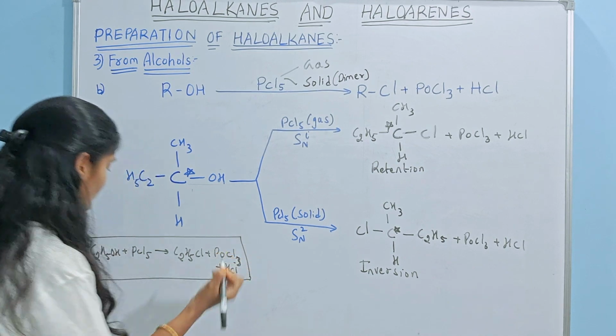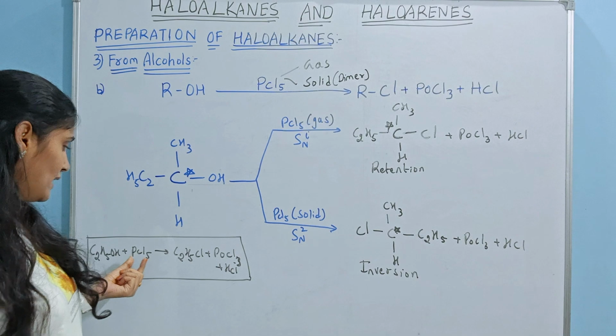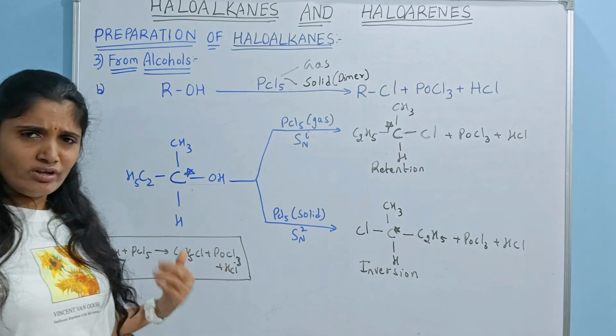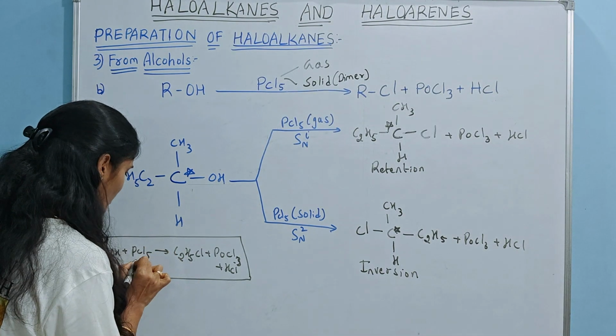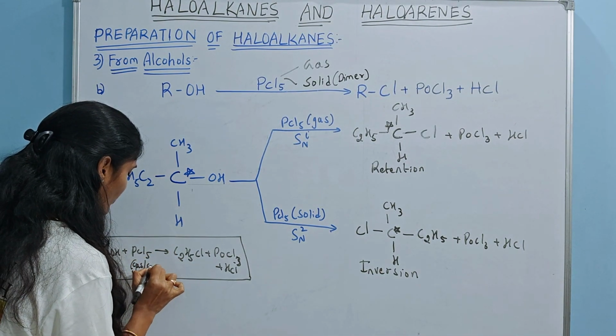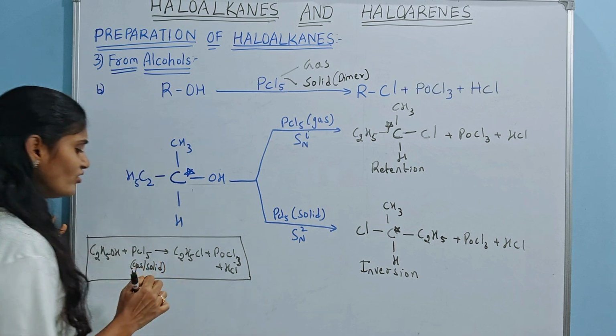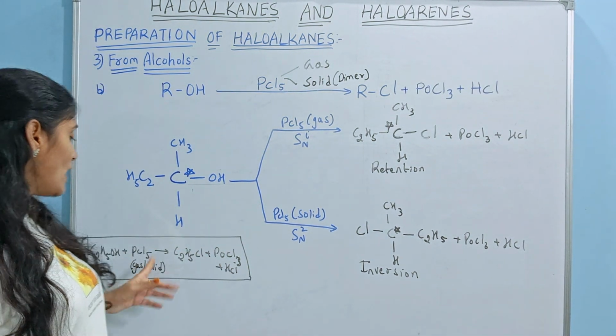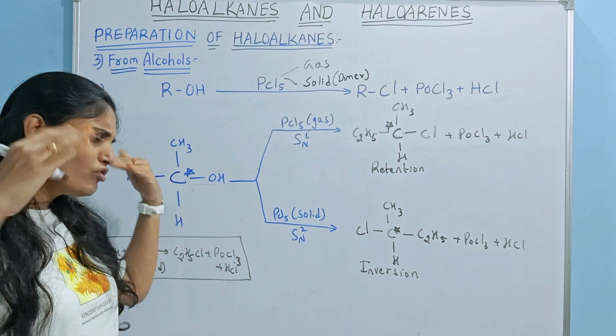In this also, alcohol is reacting with PCl5 and giving C2H5Cl plus POCl3 plus HCl. So irrespective of whether it is PCl5 gas or PCl5 solid, it doesn't make a difference to the configuration here. Either you take your PCl5 gas or your PCl5 solid, we know the products are always the same.